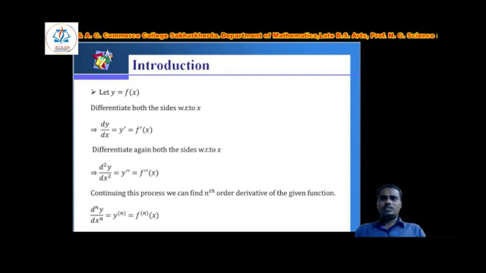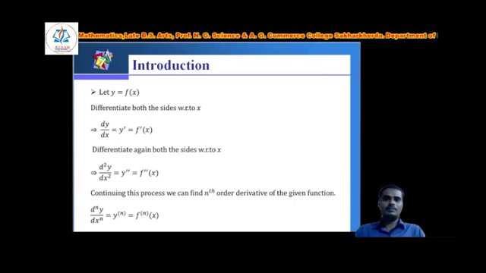Now the introduction of this differential equation is, suppose we have y equals f of x be a function. Differentiate both sides with respect to x. So this is nothing but dy by dx, that is y dash equals f dash of x.